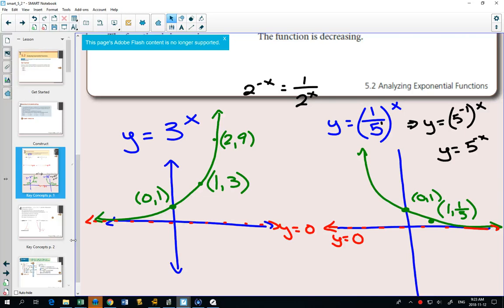This is in section 5.2, so if you want to add those graphs to see extra graphs on there as well. But the basic shape of all of our exponential graphs is either swooping up or swooping down. And it all depends on where that second point is that you label. Like for 3 to the x, you label 1, 3 along with 0, 1. It has to swoop up. And with 1/5 being the base, you'd have 1, 1/5. It would have to swoop down.